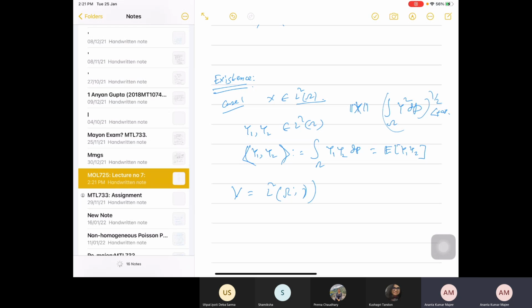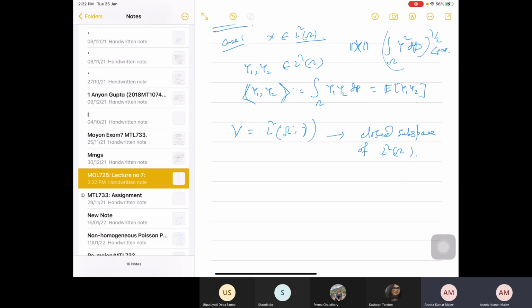But since I am considering measurability with respect to a particular sigma algebra, that is why I am mentioning it here. So V is my L2 of omega nu, where nu is a sub sigma algebra of mathematical F. This V is a closed subspace of L2 of omega.